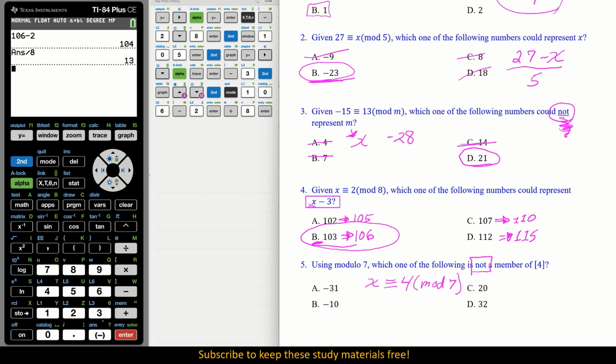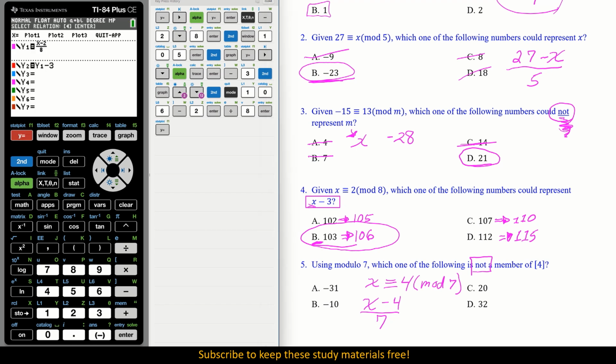So let's see. A couple of things. We can say x minus 4 divided by 7. It's probably the only, well, it's the only option we have because we don't have the value of x. So let's give it a go and see what happens, okay? So let's just go ahead and clear everything out.